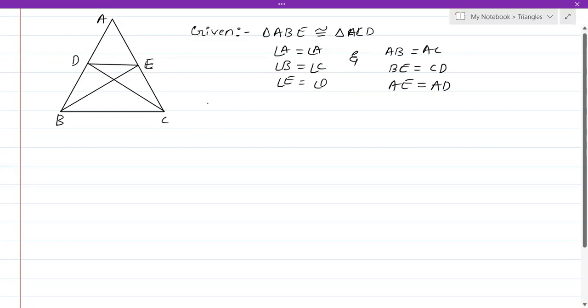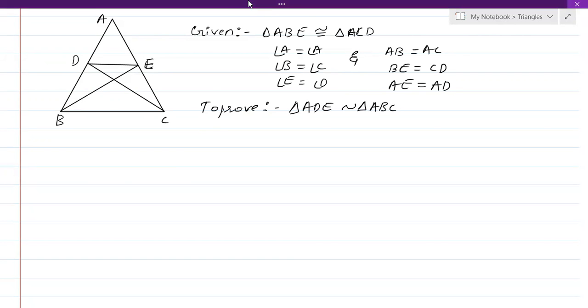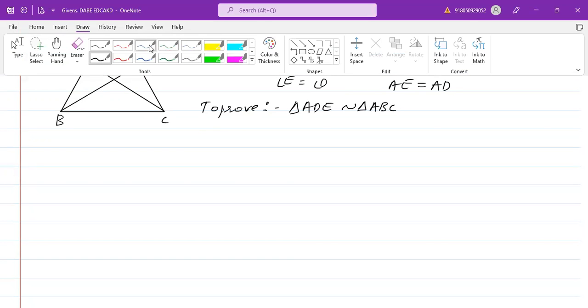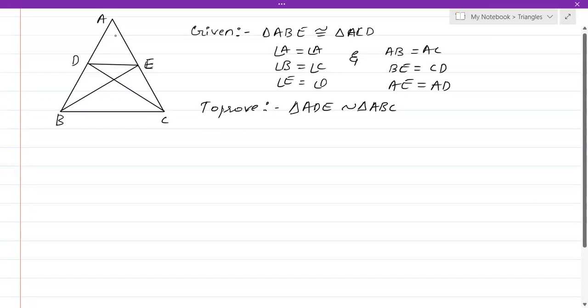Okay. Now, what should we prove? Here we have to prove that triangle ADE is similar to triangle ABC. That is, let me shade it. The triangle ADE is this triangle, the smaller triangle, and ABC is the complete triangle.